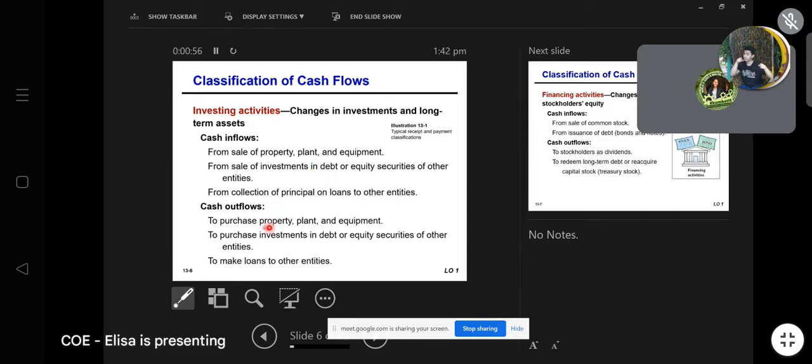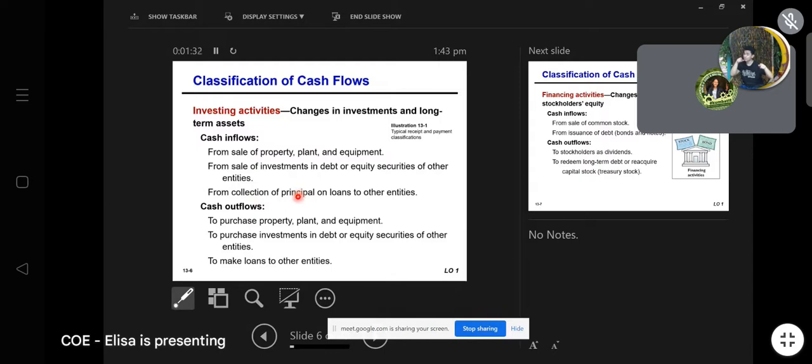When you sell this investment, whatever proceeds, that will be considered as cash inflow under investing activities. And then when you collect these loans to other entities, that will be cash inflows under investing activities.